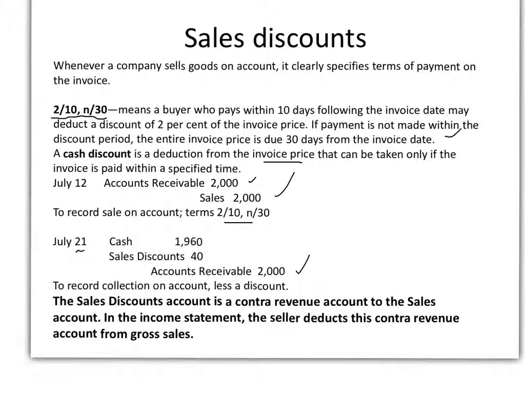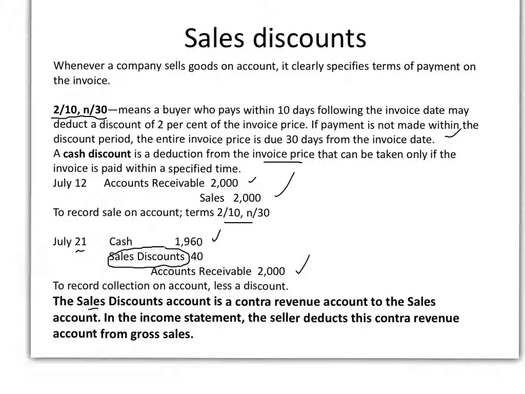But he doesn't pay me the $2,000 he owes me in accounts receivable. He takes a 2% discount. So here's a new account called sales discount. And therefore my journal entry is debit cash $1,960 because that's what I received, and debit sales discount. And that's how we record the discount.